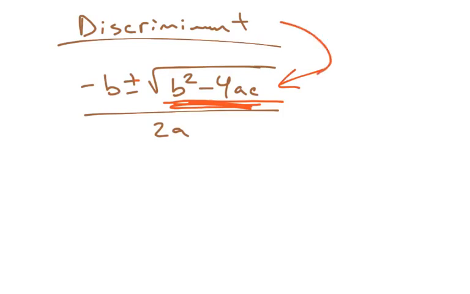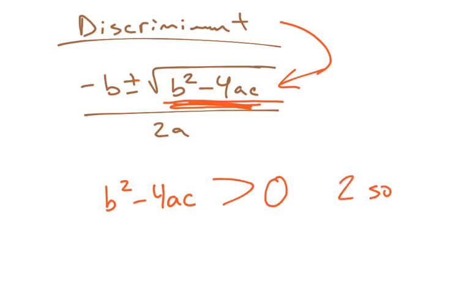And what the discriminant tells you is the number of solutions you have. And if you think about it, it makes sense, right? Because if b squared minus 4ac is positive, if it's greater than 0, you're going to have 2 solutions. And before I tell you, ask yourself, why does that make sense?